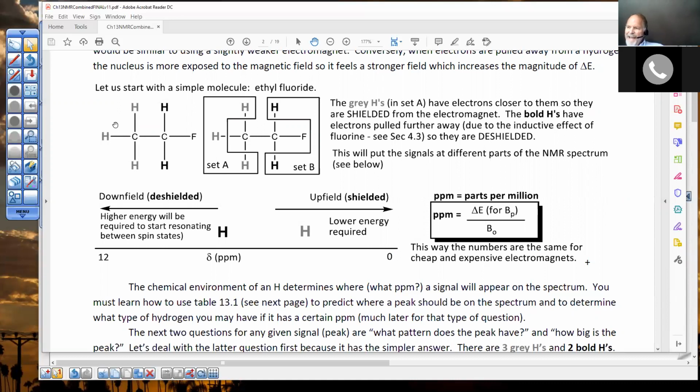They're one set. So they'll have a peak in a certain location close to 1 because the table told us that. These two hydrogens will have a peak somewhere near 4.5 because the table told us that if there's a fluorine on the same carbon as the hydrogen, the peak will be around 4.5.